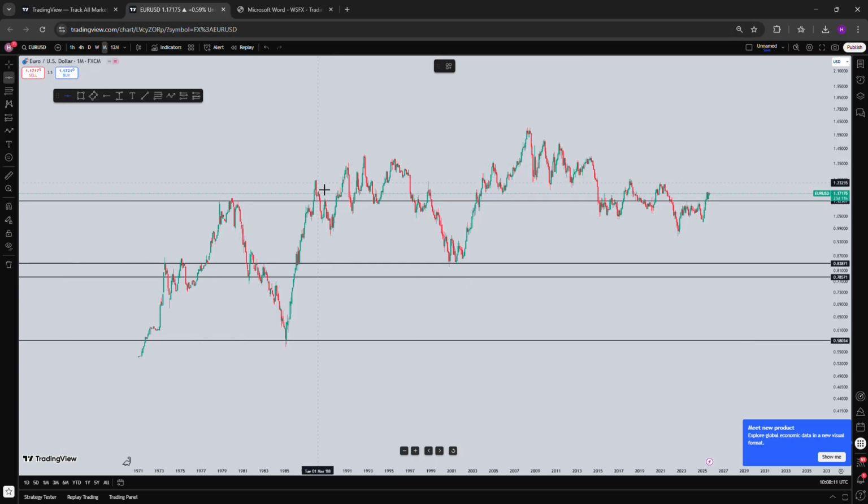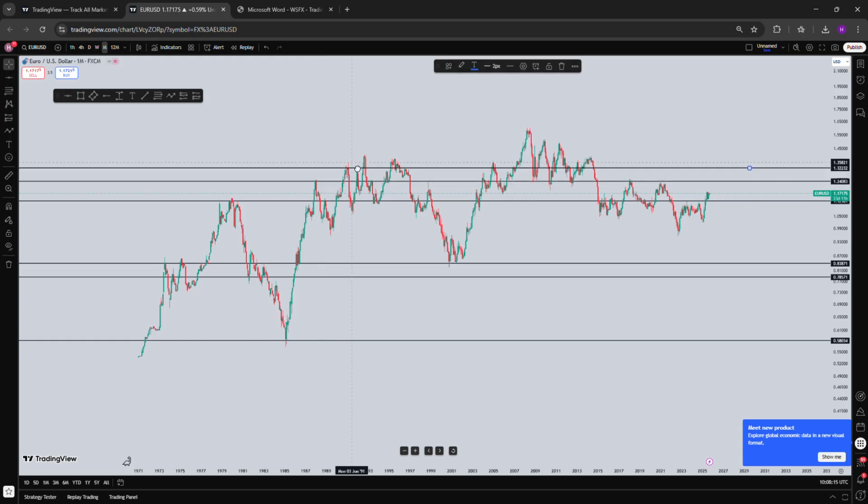It wouldn't make sense for me to drop a resistance here, drop another resistance here, drop another resistance here. It gets so confusing. In fact, the lines are too much at this point.